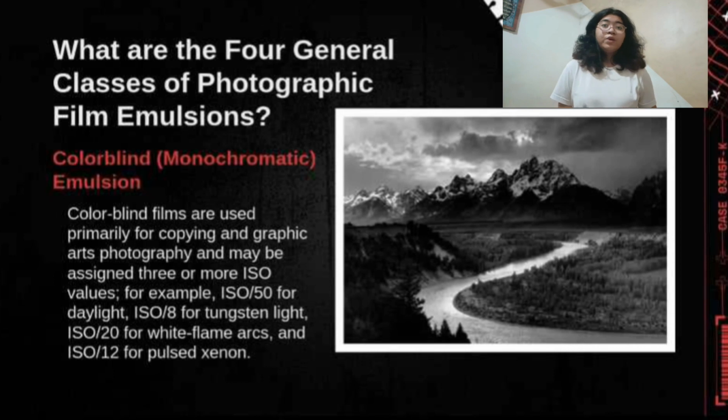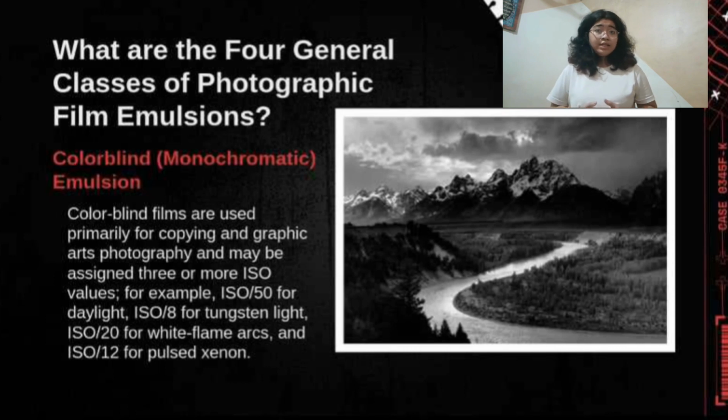So, the first one is the colorblind or monochromatic emulsion. In this case, it's typically sensitive to a narrow range of light in the monochromatic spectrum, usually in shades of black and white. These films are used primarily in specific applications like copying and graphic arts photography, where precise reproduction of black and white images or documents is required.